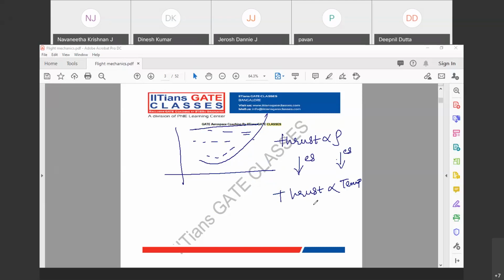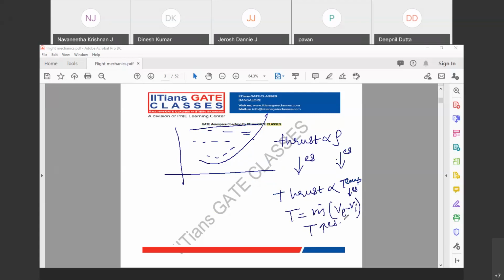That is, thrust is directly proportional to mass flow times the exit velocity minus the inlet velocity. So it is in the minus sign. So inlet drag decreases as temperature decreases, thereby my thrust increases.